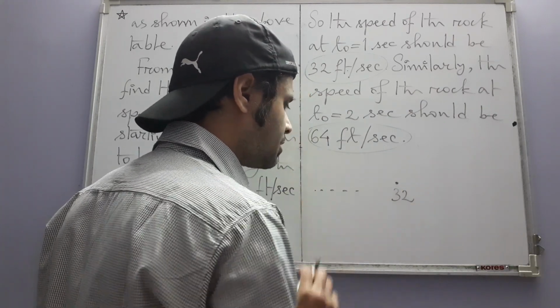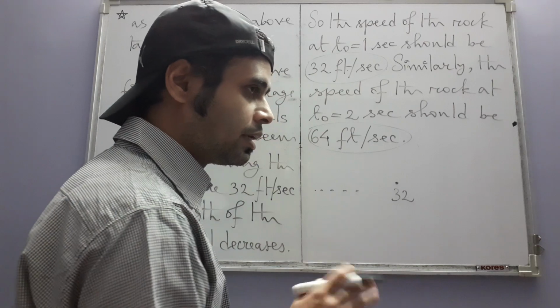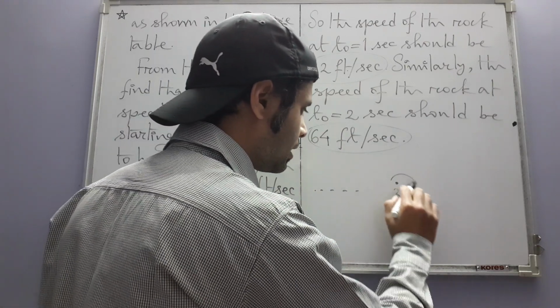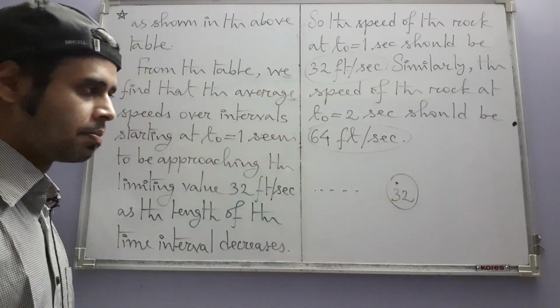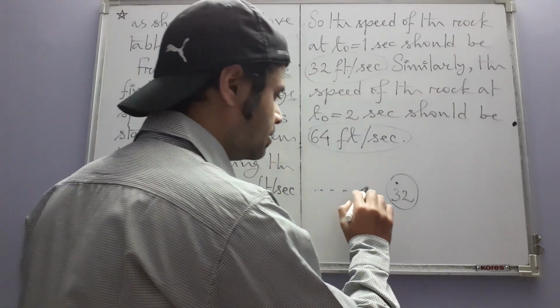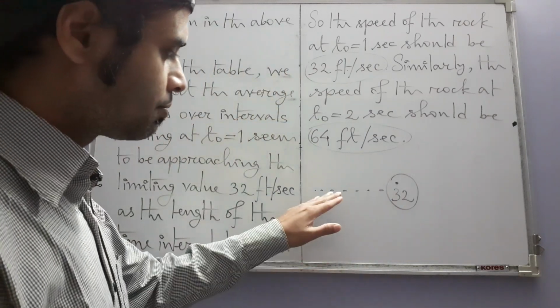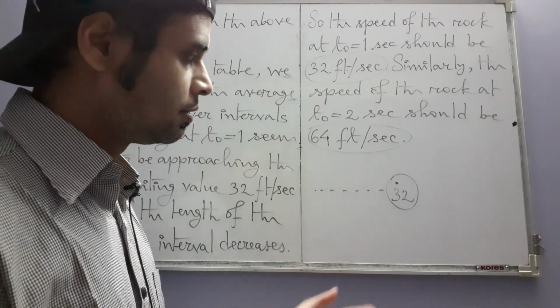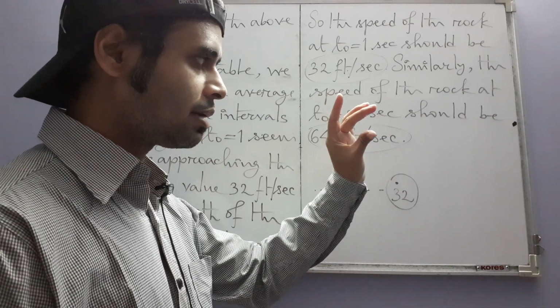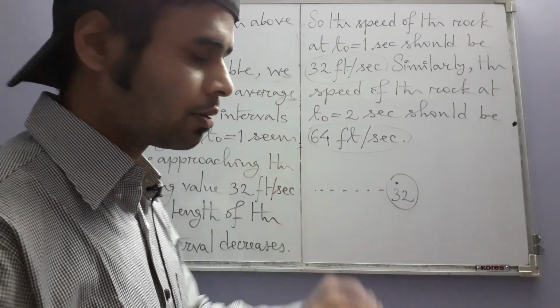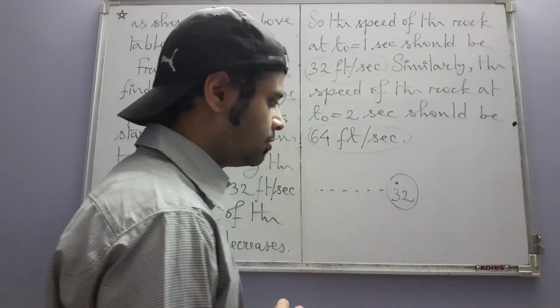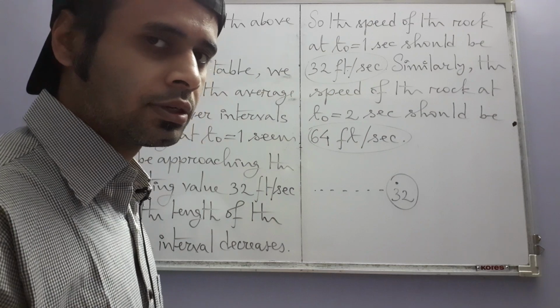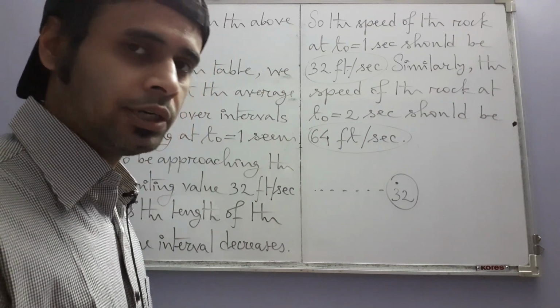The average speeds are interpreted as approximate values, and the approximation can be made as good as we want by choosing a sufficiently small time interval. How good, that is our choice.